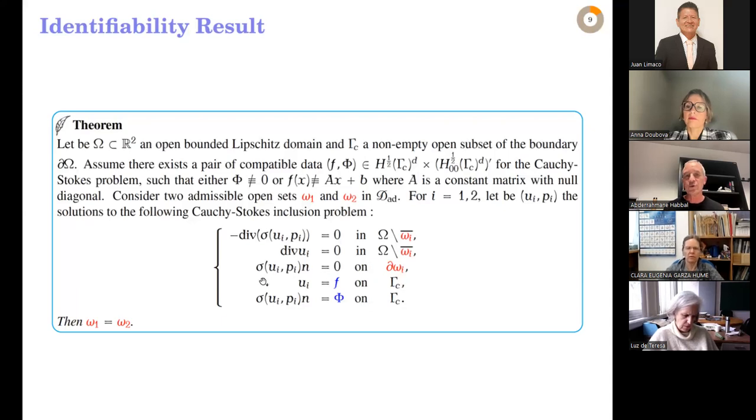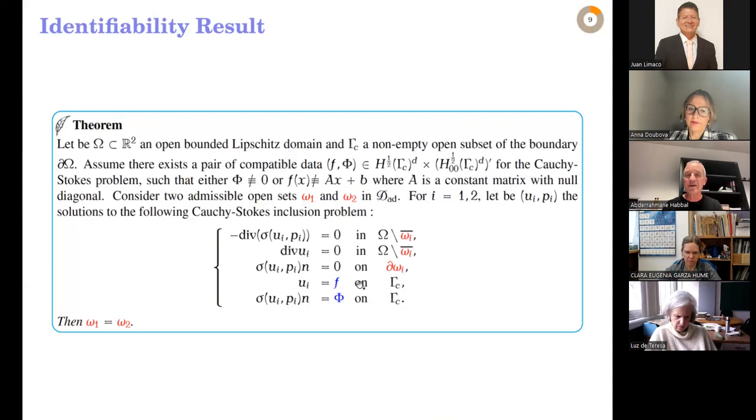And here we have only the Cauchy formulation. For the Cauchy formulation, we followed the proofs by Alvarez and other papers, specifying the proof to the case where we have the possibility to apply unique continuation. And it was quite easy to prove that the identifiability result holds, with the striking remark that it is only sufficient to have one pair, F and phi, to identify the obstacles.